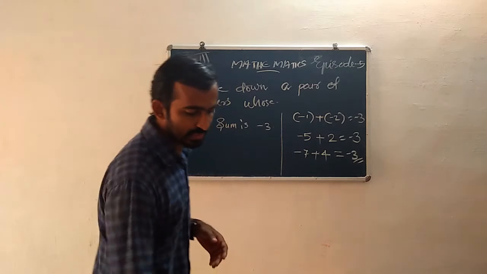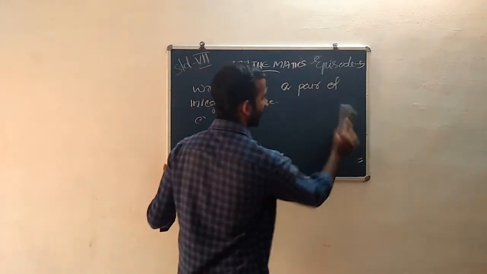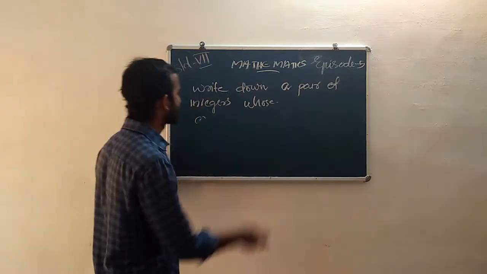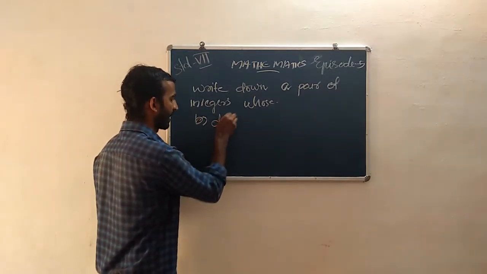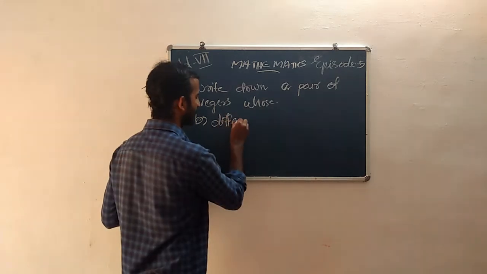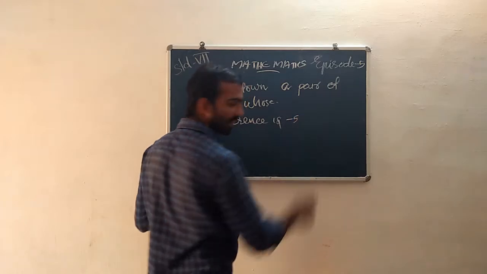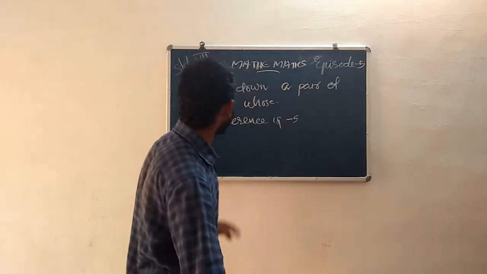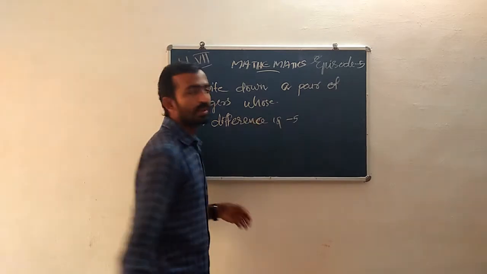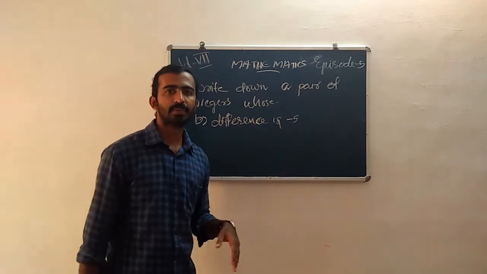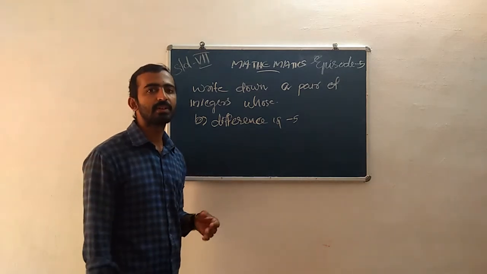And next, the difference is negative 5, the B part. What numbers can we take?